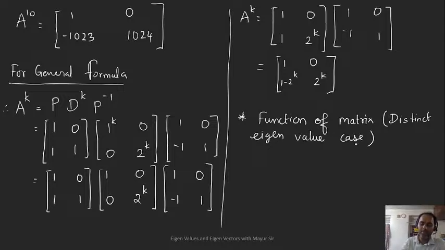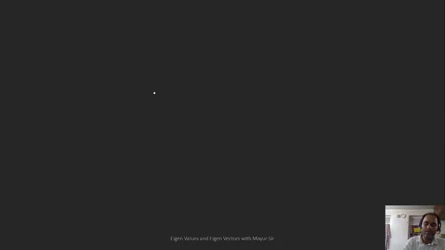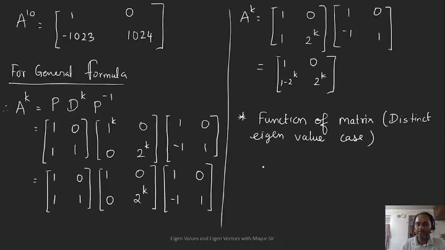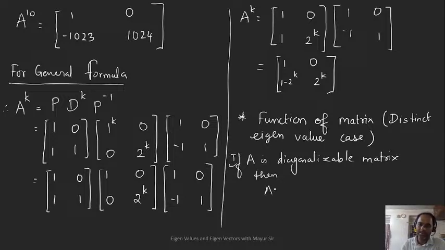So when you have this, what you do is, if A is a diagonalizable matrix, then A is P D P inverse, right?